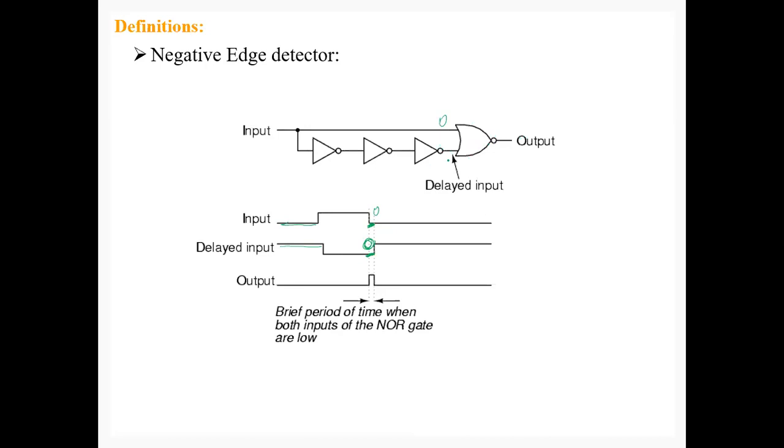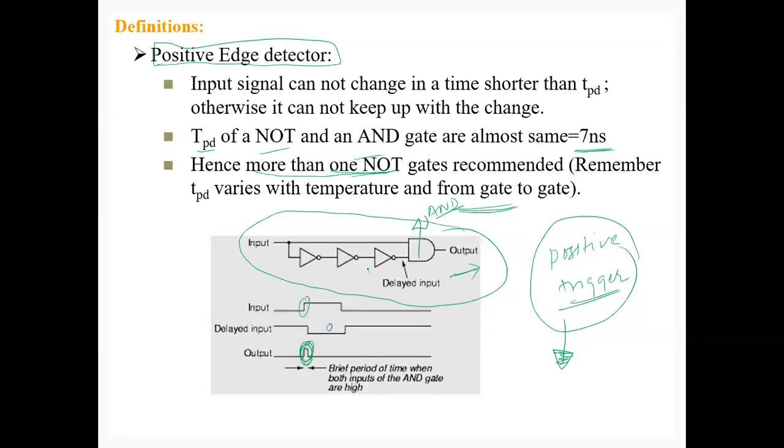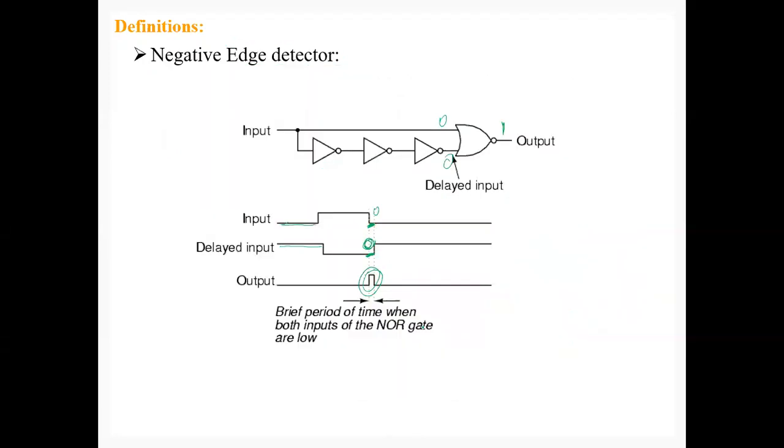If you have 0, 0, what do you get? 1. Okay, so that's what we have here. You can describe this in the same way we did here. We did this here in detail, right? So in the same way, you can get this trigger here. When you see this kind of trigger, it means you have a negative edge there.